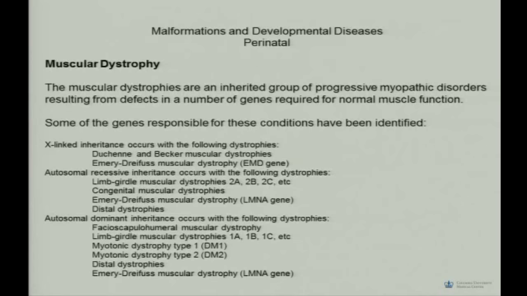Okay. And the inherited defects are found in a group of genes that are all required for normal muscle structure and function. Now, there's several examples. The most common form of muscular dystrophy is an X-linked disorder called Duchenne's muscular dystrophy. And because it's an X-linked disorder, it's much more common in males than females.